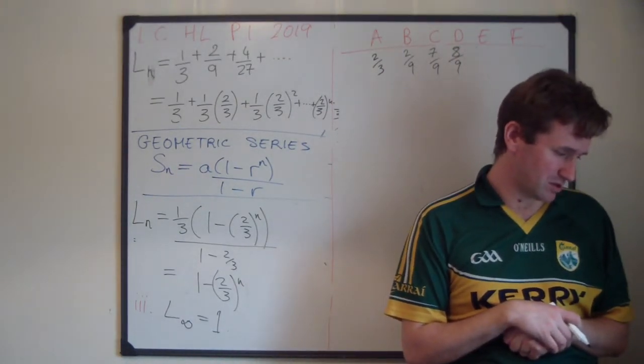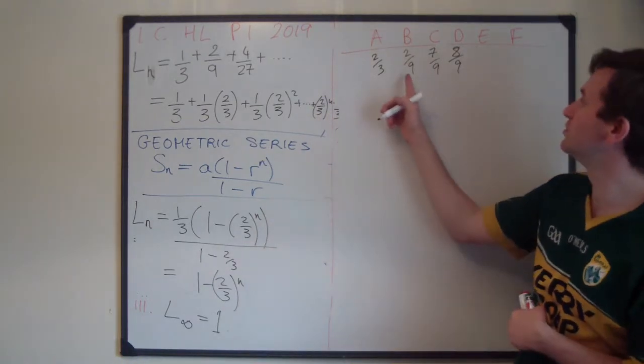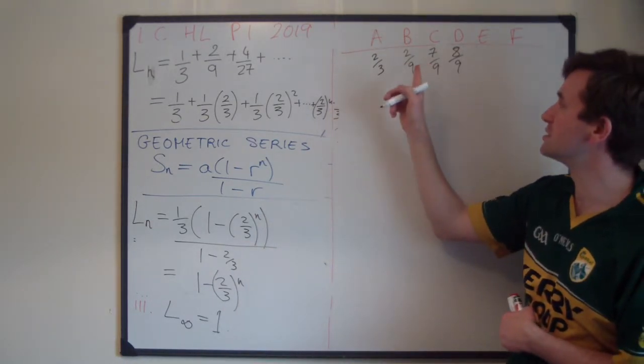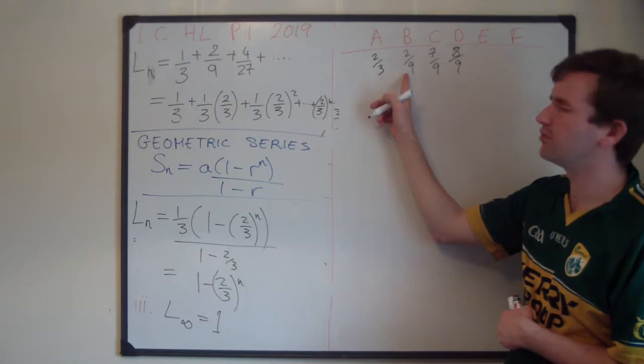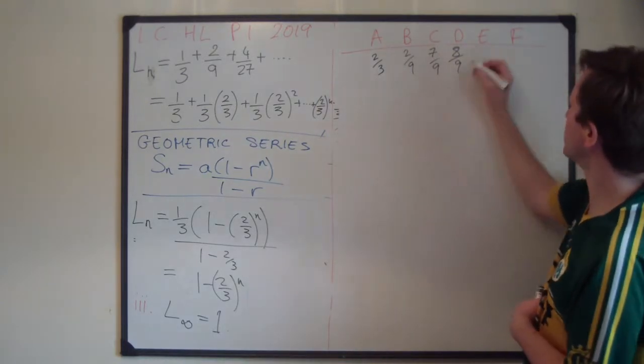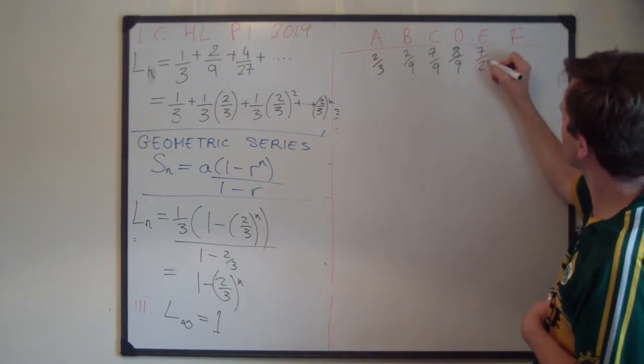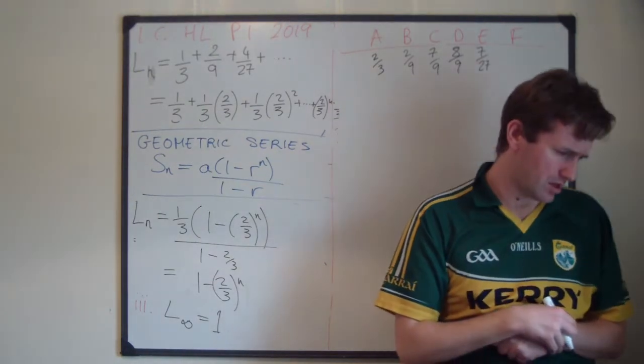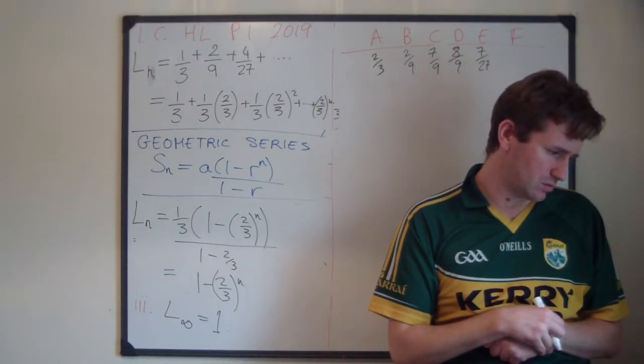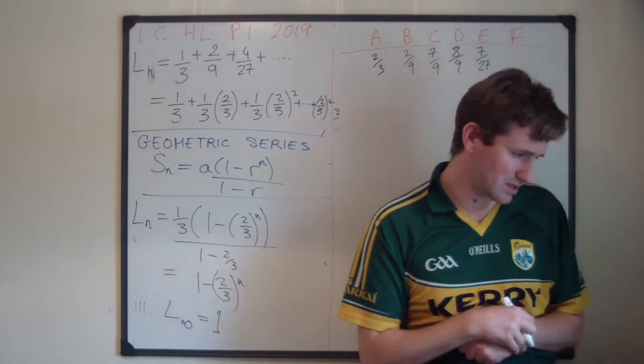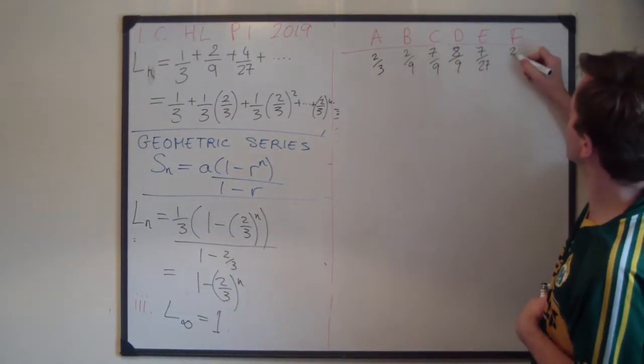It's going to be B plus 1/27. B is 2/9, which is 6/27, plus 1 will be 7/27. And then F is 1 take away 2/27, so it's 25/27.